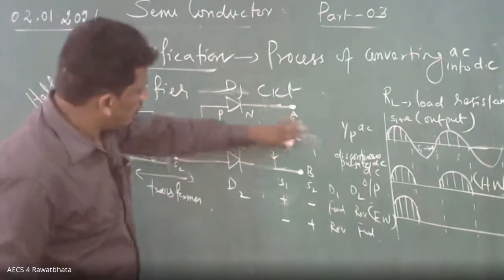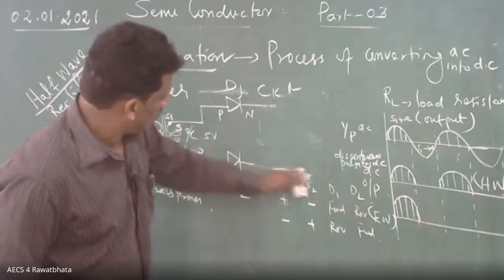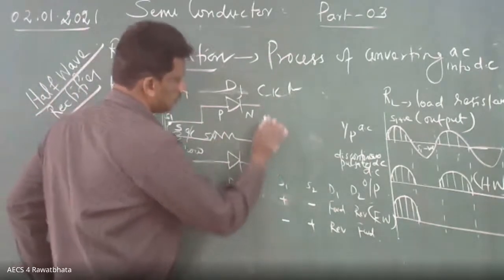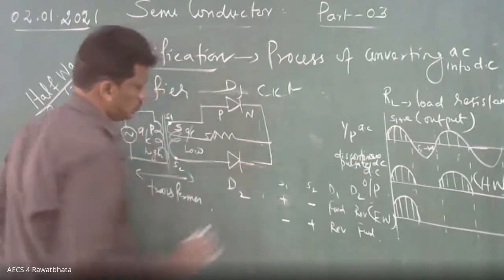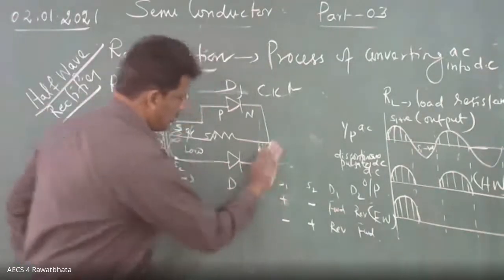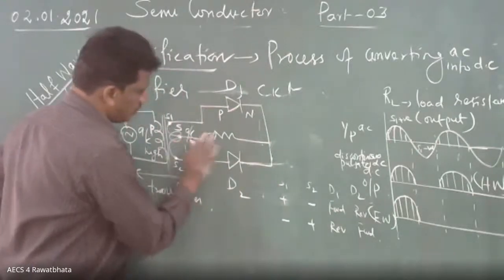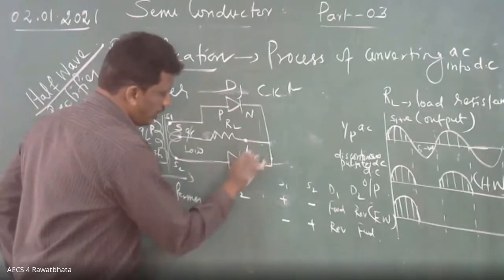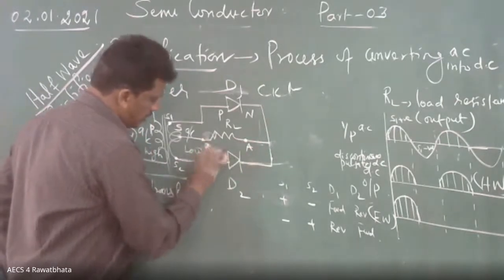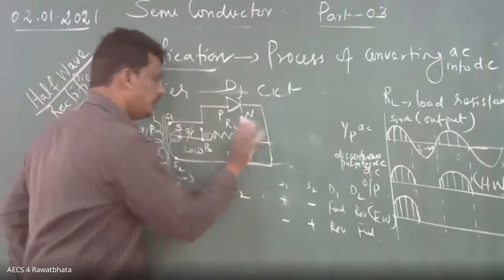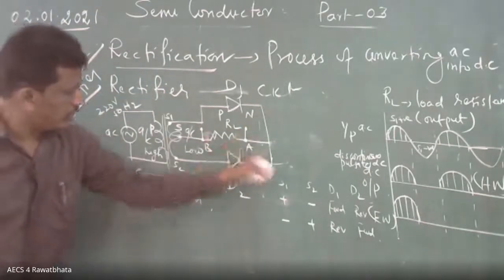That's why what we do here, the resistor, we make it like that. See, that is the center tap. So this is RL. Now I am writing this is A, this is B. So here this is the output. Nothing is there, simple. Instead of putting it here, I put it here.